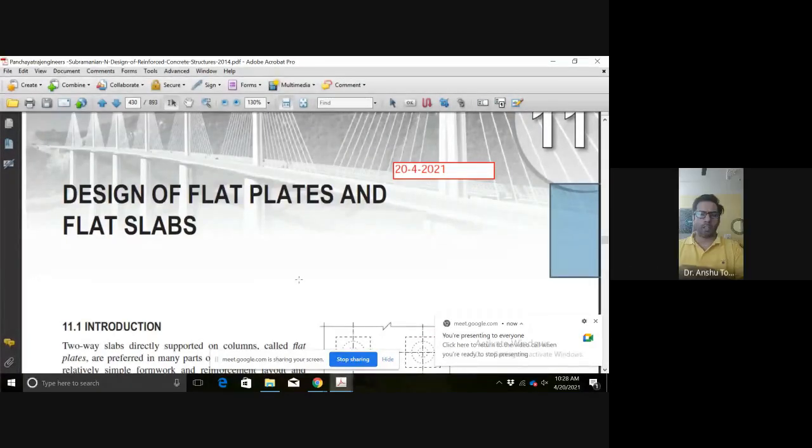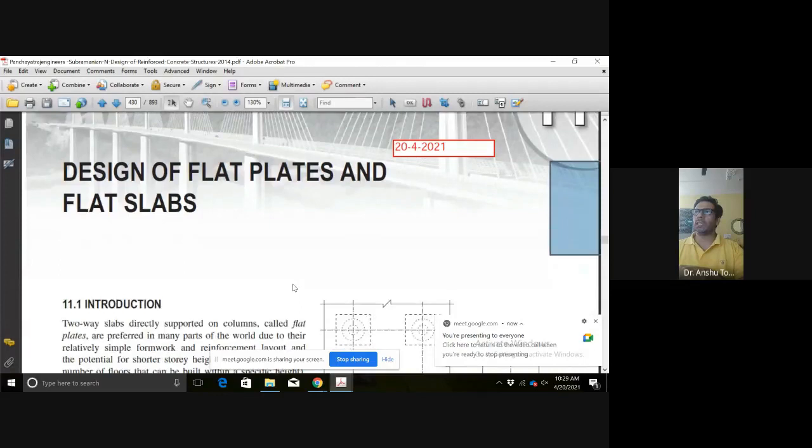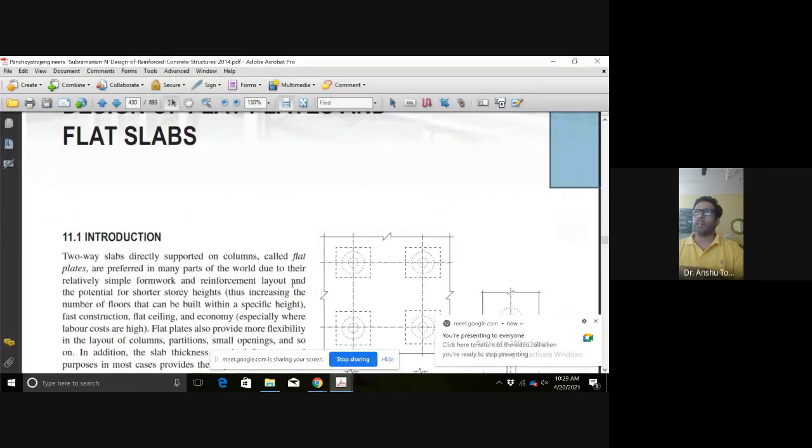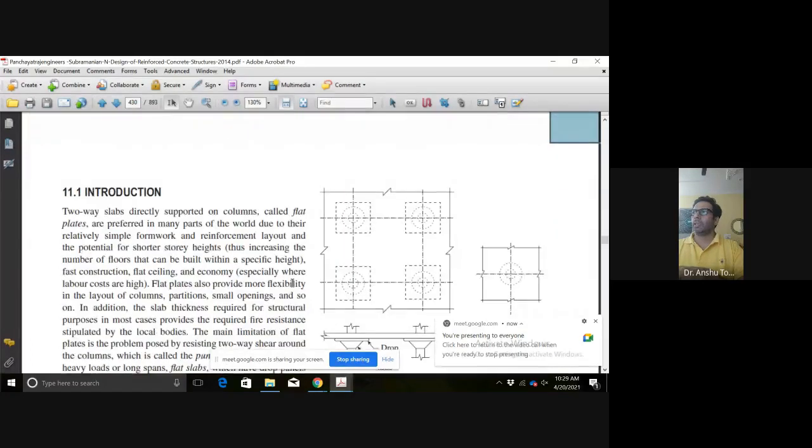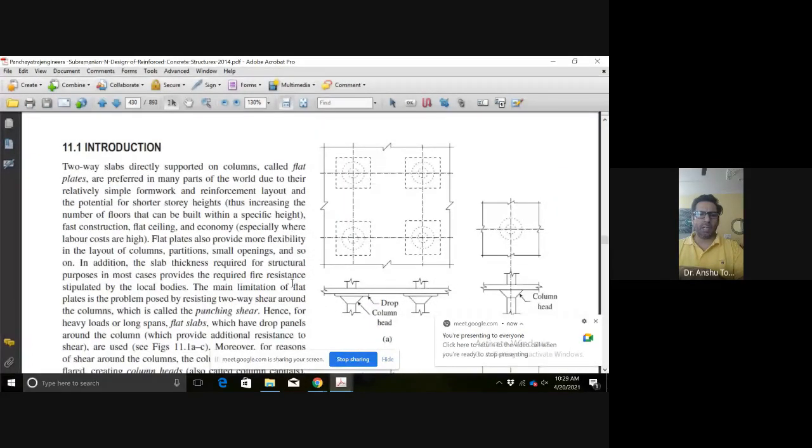From today onwards, we will be discussing the next unit, the third one, the design of flat slabs. You might have designed, up till now, the regular traditional RCC frame structures with flexural members in between, known as beams.